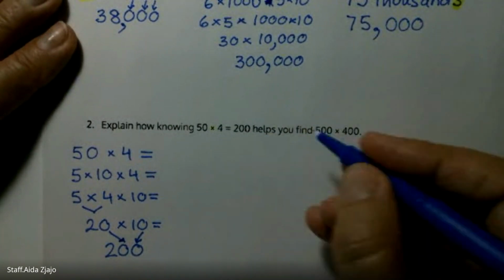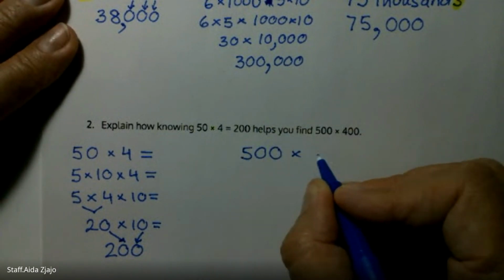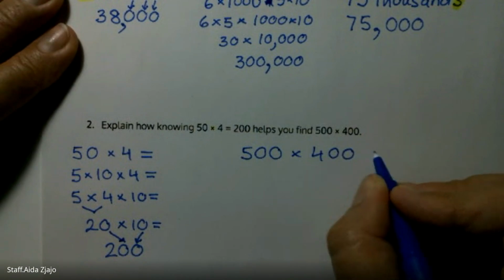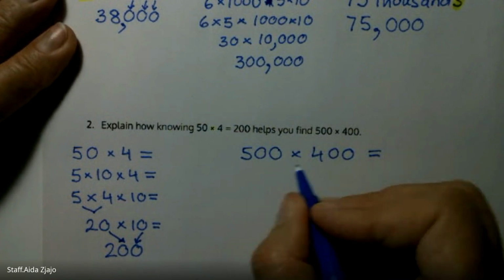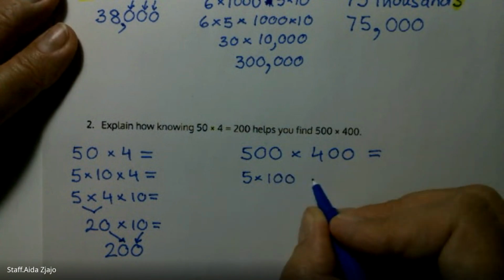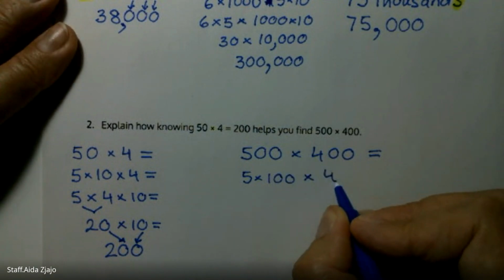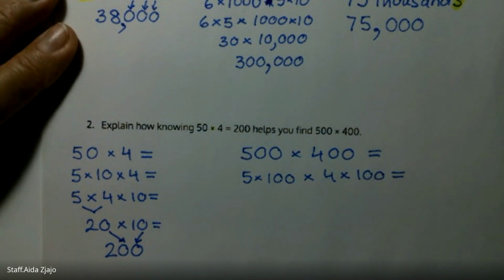Now, if I needed to do 500 times 400, I can see this as also 5 times 100 times 4 times 100, because 2 zeros represents 100.